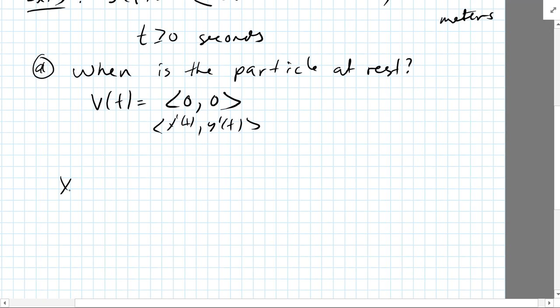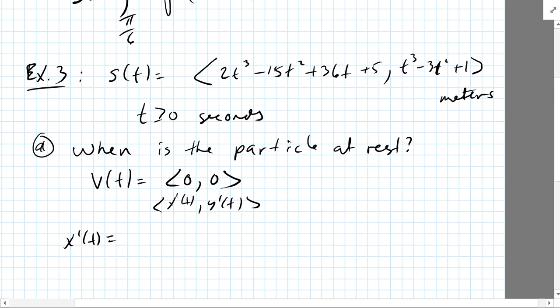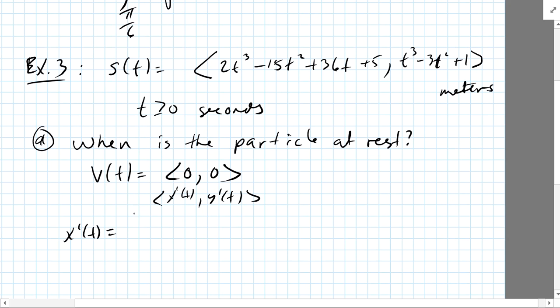So let's find x prime of t. Take the derivative of that beast. It's a polynomial. What do you get? I'm ready for y'all to catch up to me. I'm just writing it down. What is it?